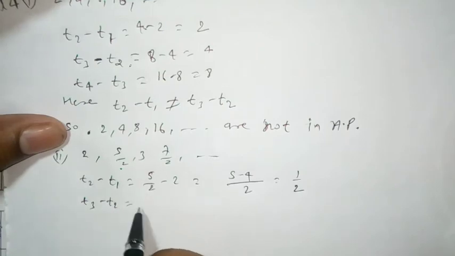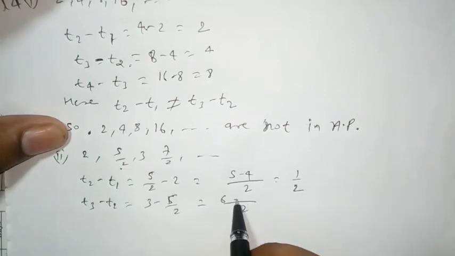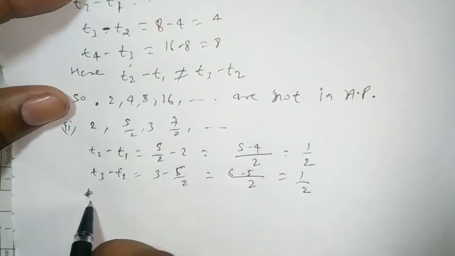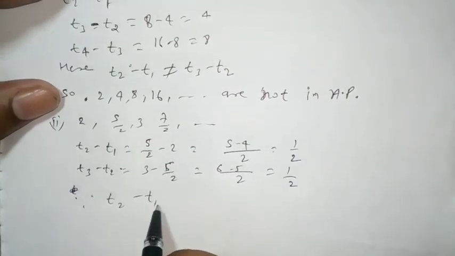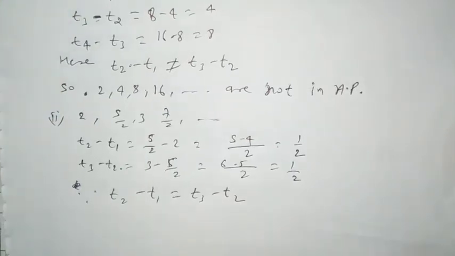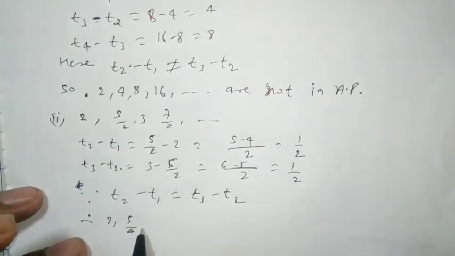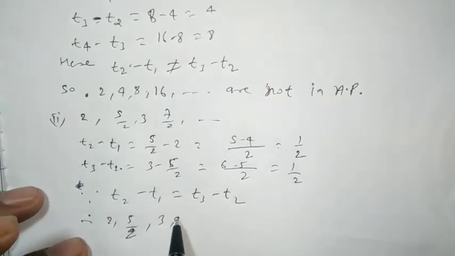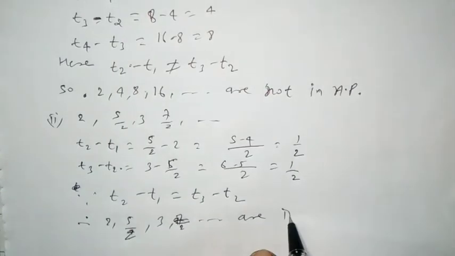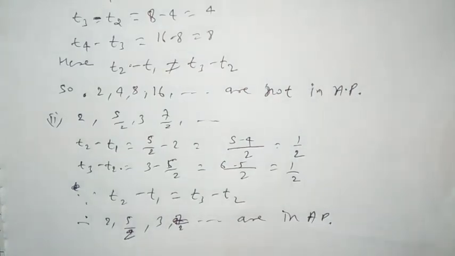T3 minus T2 is equal to 3 minus 5 by 2 is equal to LCM 2, 6 minus 5 is equal to 1 by 2. Now because T2 minus T1 is equal to T3 minus T2, therefore 2, 5 by 2, 3, 7 by 2 are in AP.